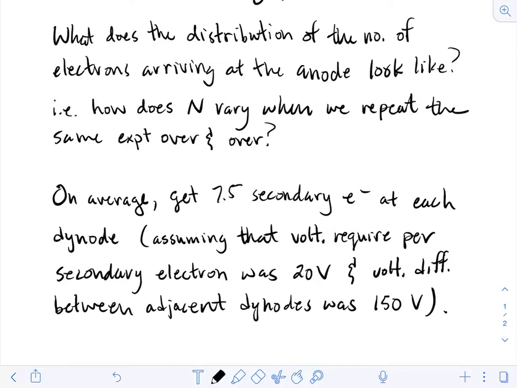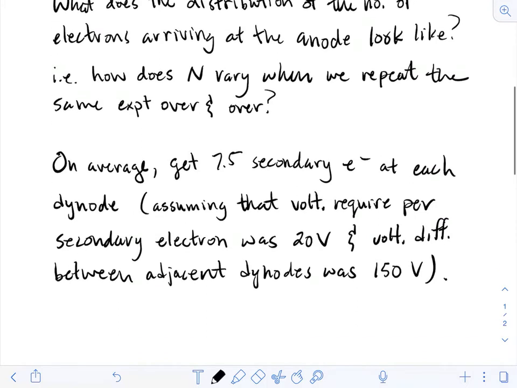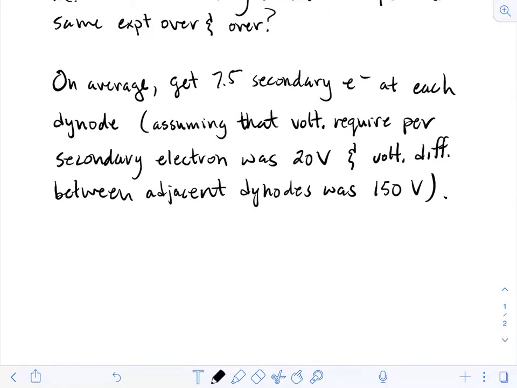So if we give an electron kinetic energy equal to the electron charge times 20 volts, then that's enough to create a secondary electron. And so if we give it 150 volts, that's enough to create 7.5 secondary electrons. If you remember, in our original photomultiplier tube, we had 6 dynodes, and we had 150 volts between the first 5.